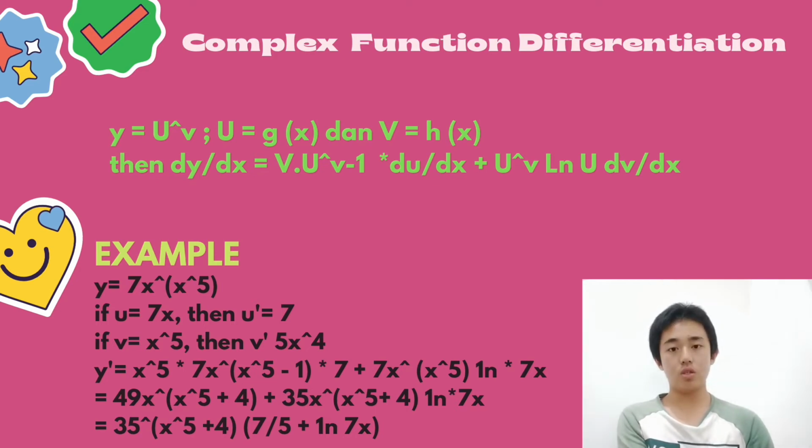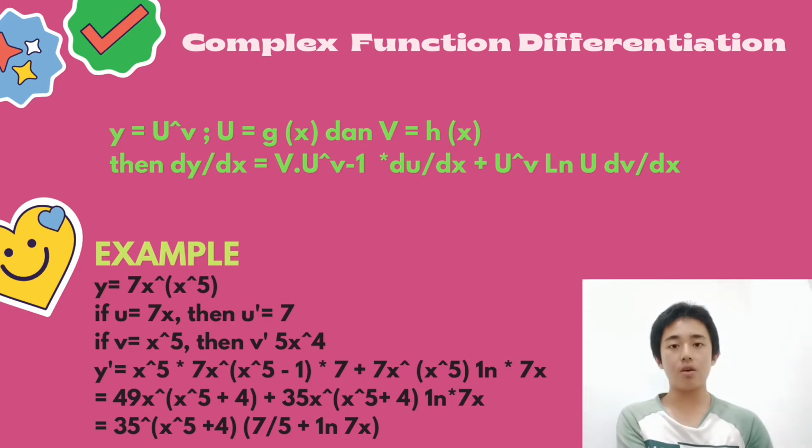Now we search for the derivative of y with respect to x, or y prime, equals x to the power 5 times (7x) to the power of x to the power 5 minus 1, because the formula says we minus 1. Then we plus it with (7x) to the power of x to the power 5 times ln 7x times 5x to the power 4.